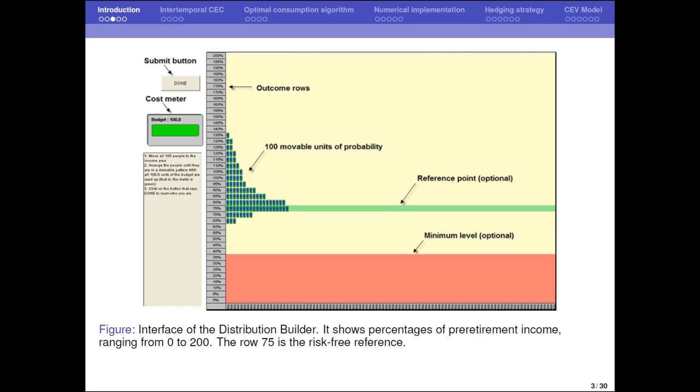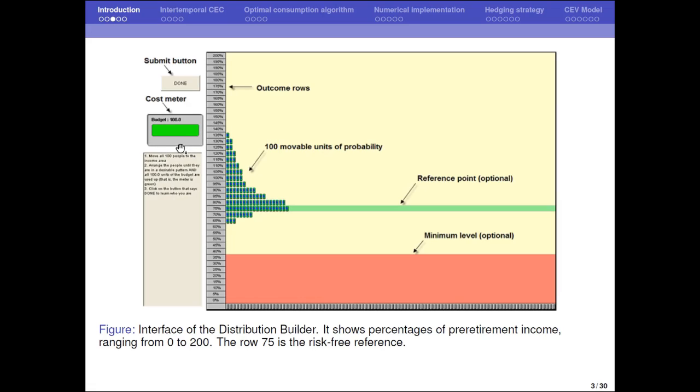Because if there's no restriction, one can say, I arrange all the blocks in the 200 row, so I get a bigger outcome. But there is a cost meter that computes the cost of the strategy of your arrangement.